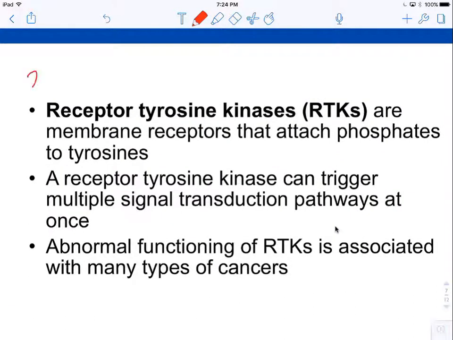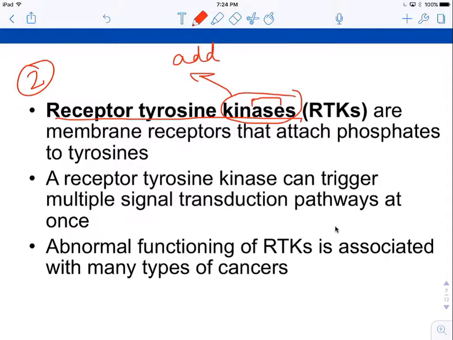The second, numero dos, is called a receptor tyrosine kinase. Okay, and a kinase, you see that ASE, which means it's an enzyme. A kinase is an enzyme that adds a phosphate group to something, to whatever it's supposed to, okay?